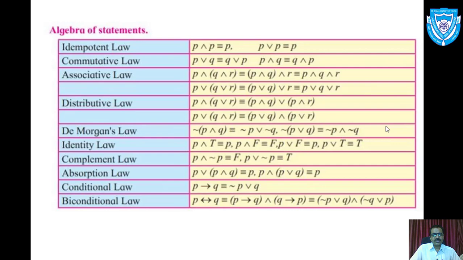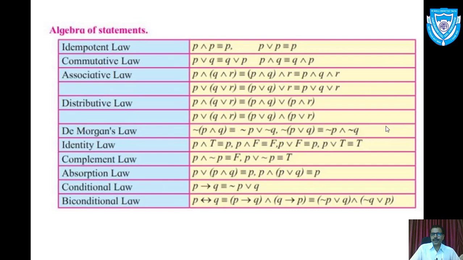De Morgan's laws. I think we already stated De Morgan's laws in the last lecture. De Morgan is one of the well-known mathematicians. He derived some important results in set theory as well as in logic, which I told you last time.